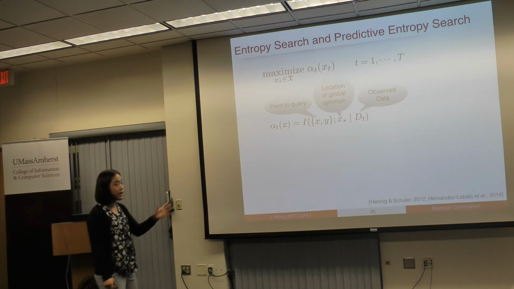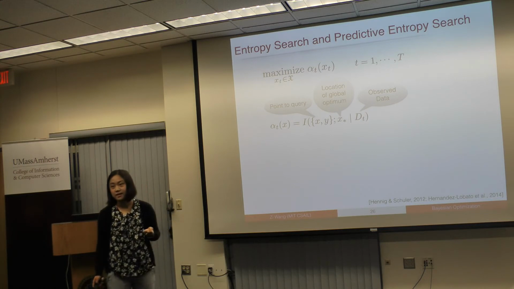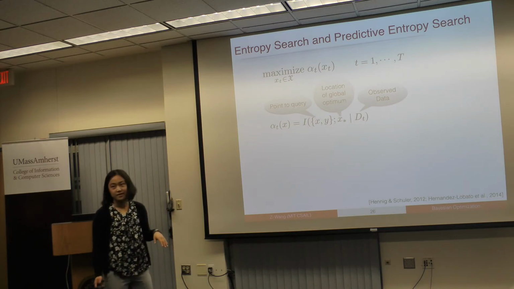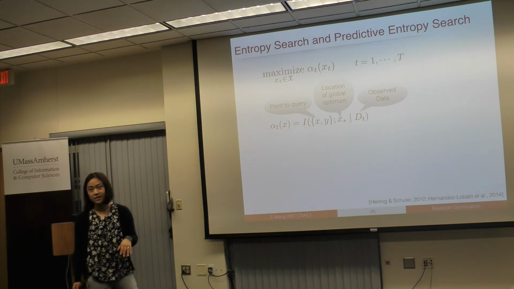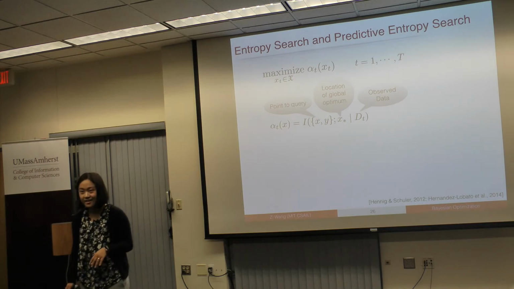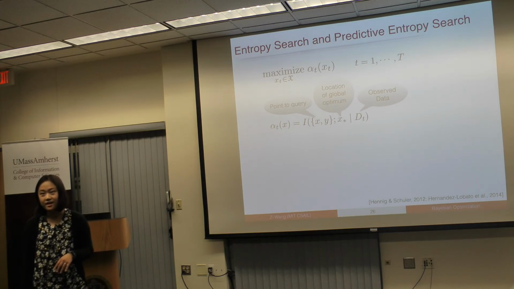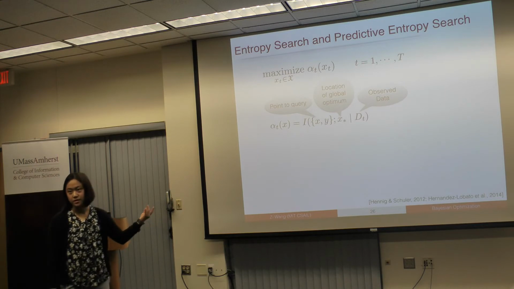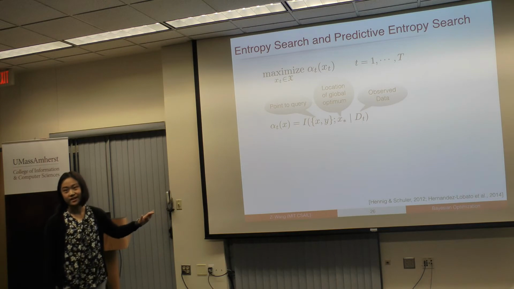Well, so y is a random variable, so it's like a Gaussian distribution. And x is any input variable, some input variable that we want to query.